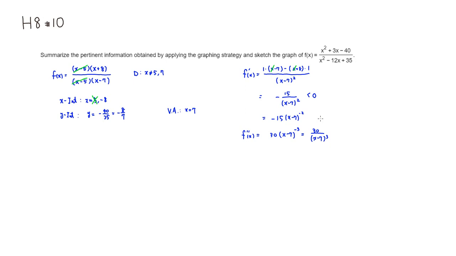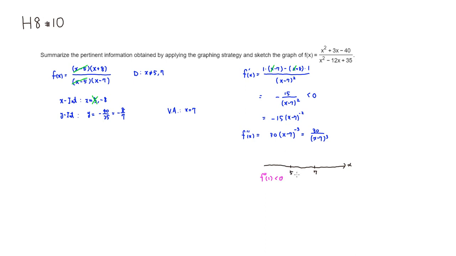All right, let's do the number line here. The domain is all real numbers except for 5, so I'm going to put 5 here, and also 7. Then we're going to look at the sign. For anything less than 5, I'm going to try 1. If you put in 1, that's negative cubed, so it's going to be negative.